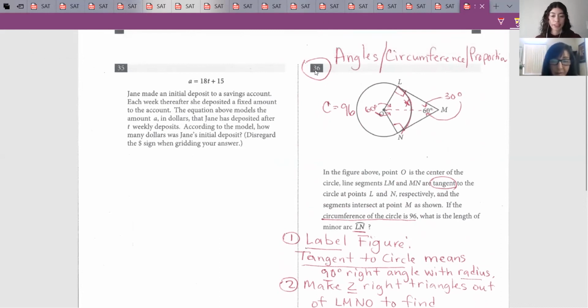In the meantime, I do have a question. Will there be geometry and trigonometry in both the no calculator and the calculator section, or just the calculator section? The majority will be on the calculator section, but there will be a few in the no calculator.